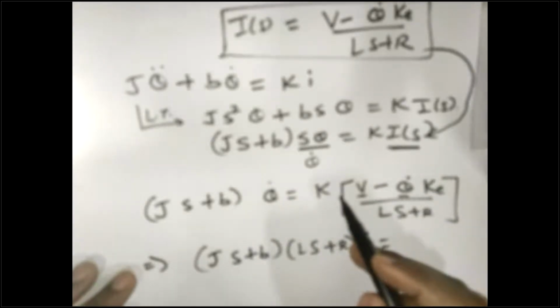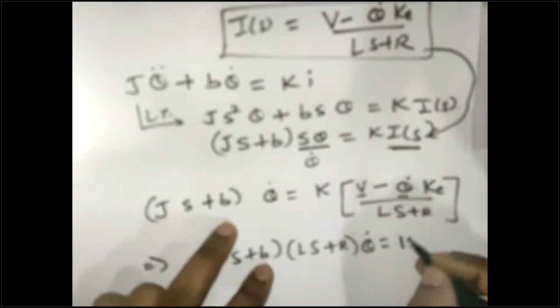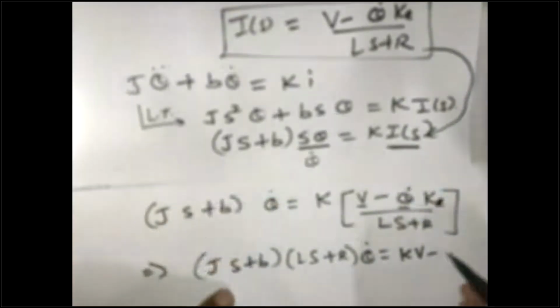Ke. So I have cross multiplied. This is Kv minus theta dot into K square.